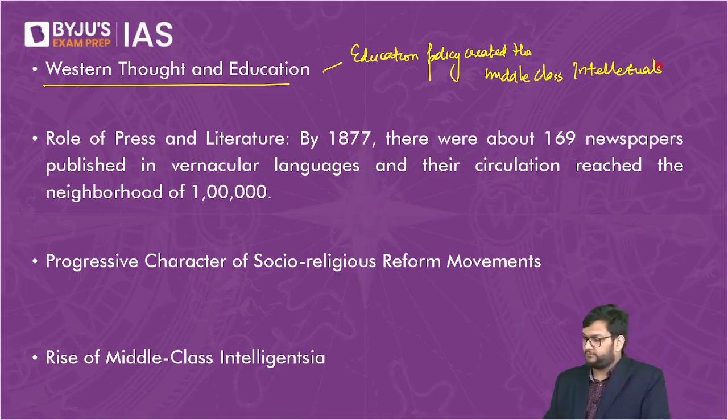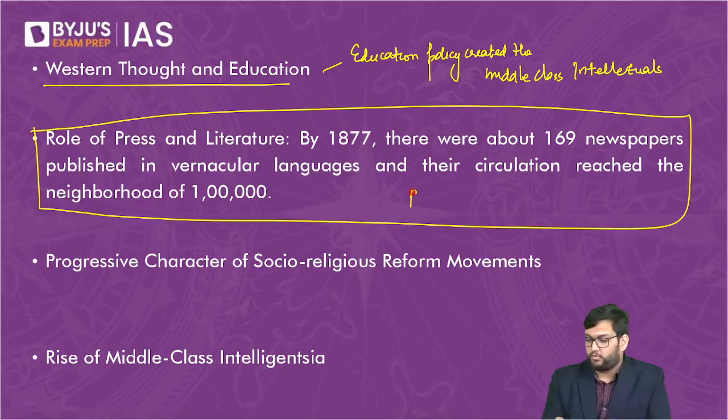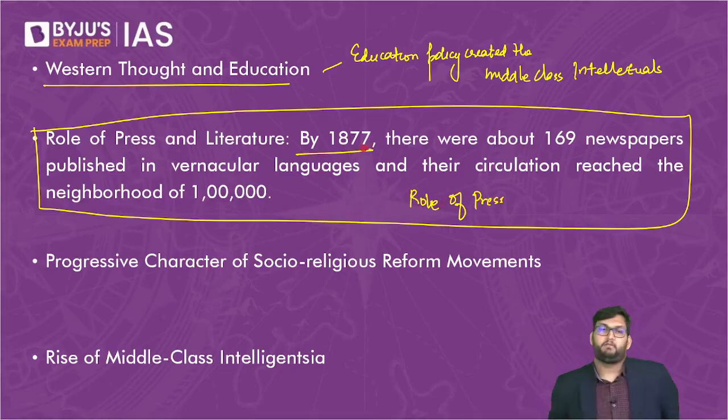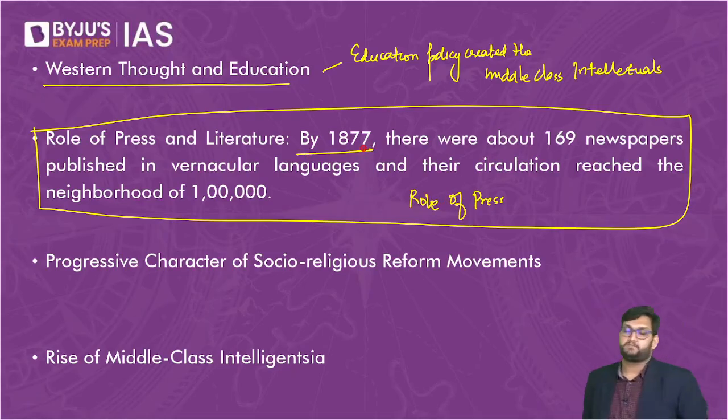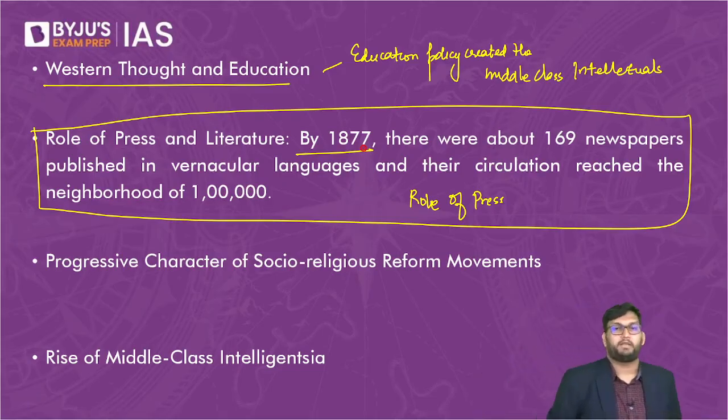Thereafter, the most important, the role of press. By 1877, 169 newspapers were published in vernacular languages, and their circulation reached the neighborhood of close to 1 lakh people each. And the role of press was to develop public opinion.